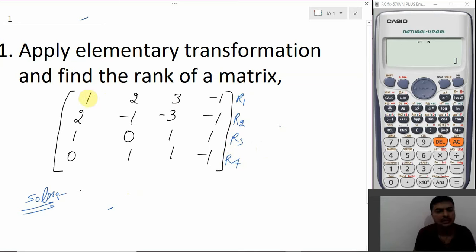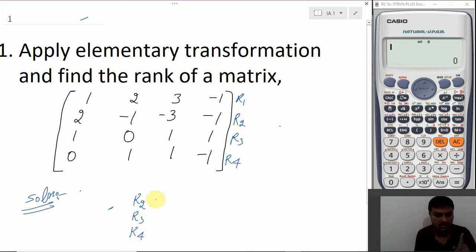Without any row transformation, immediately start solving the problem. So the first step: I want to replace only 3 values, R2, R3 and R4. I have to make this 0.